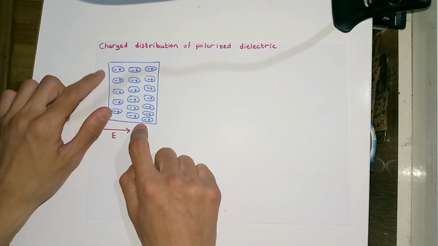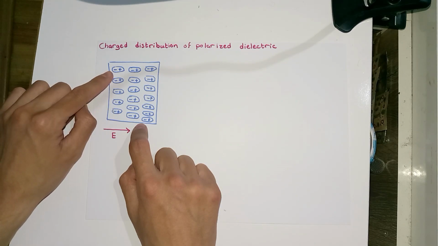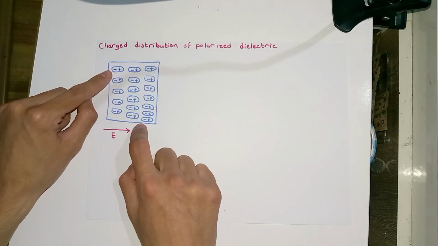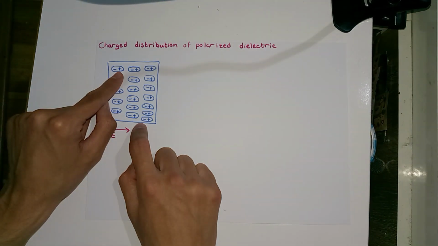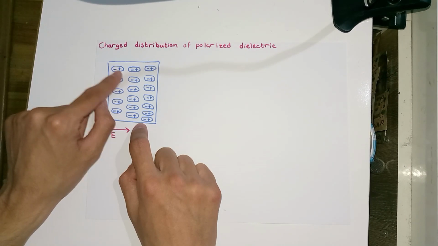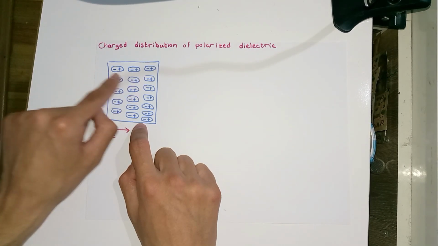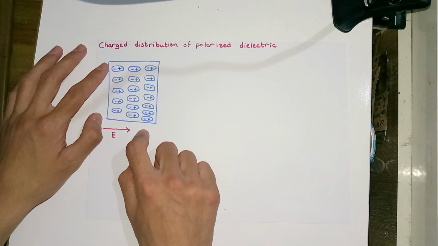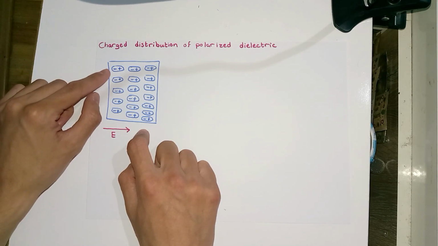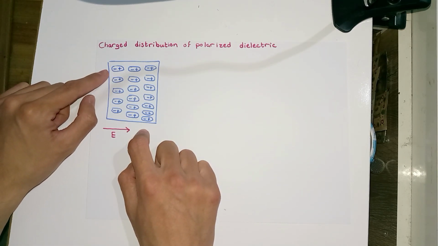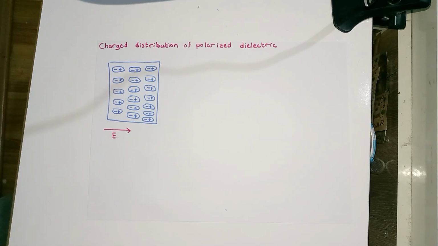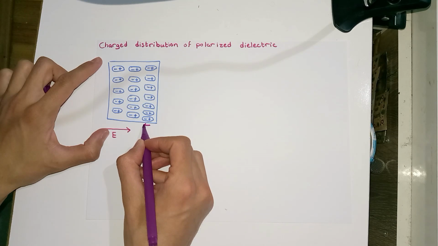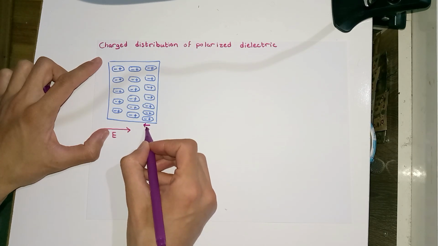So instead, the charges will be polarized, and in each molecule we will have a partially negatively charged side and a partially positively charged side, and they will be aligned in this way. As we see, under the influence of the electric field, we will have a bunch of dipoles inside the dielectric, and we will have a dipole moment vector directed to this side, okay?